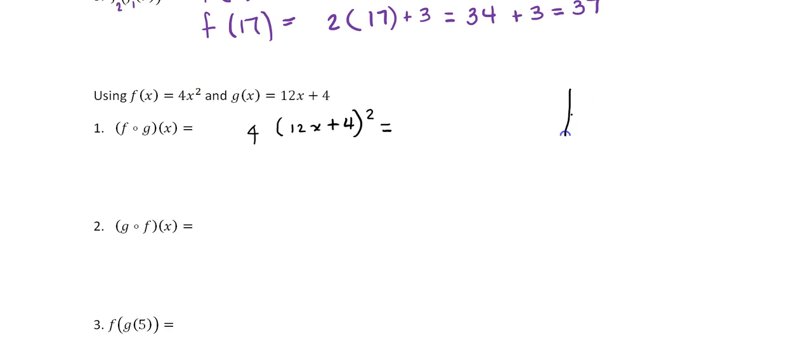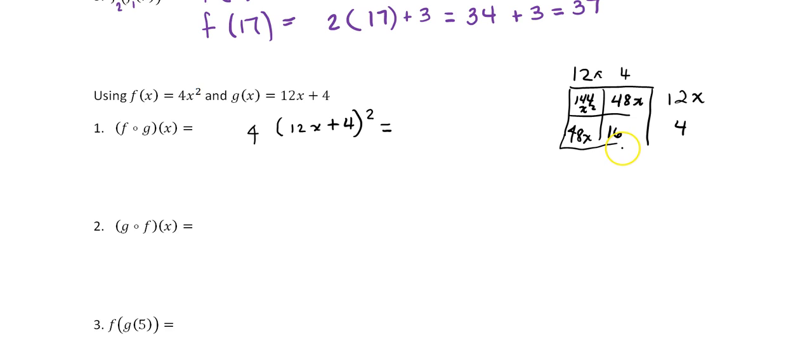So here I'm going to have my 12x plus 4, times 12x and then my 4. So 12x times 12x is going to give me 144x squared, and then this is going to give me a 48x, and this is also going to give me a 48x, and then I'm going to have a 16.